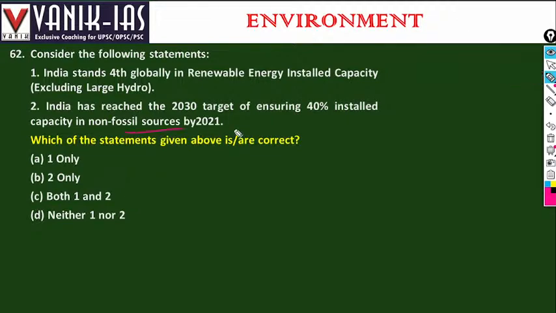This 2021 target has been achieved so far as fossil fuels are concerned. So 2 only statement is right. One is wrong. Right.